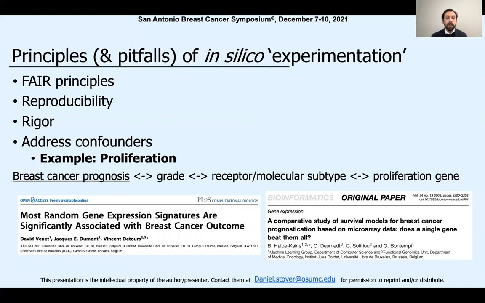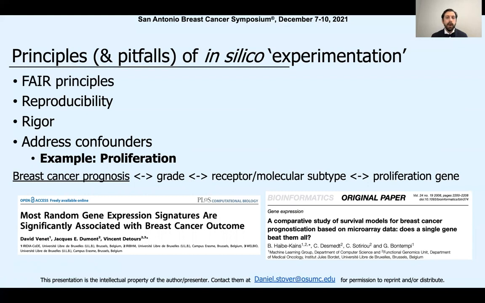We also know clinically that breast cancer prognosis is associated with grade, a marker of proliferation, among other things, as well as receptor or molecular subtype, each of which have their own association with proliferation, which is associated with proliferation gene expression. So we can see that this interrelationship has the potential to confound a variety of analyses.